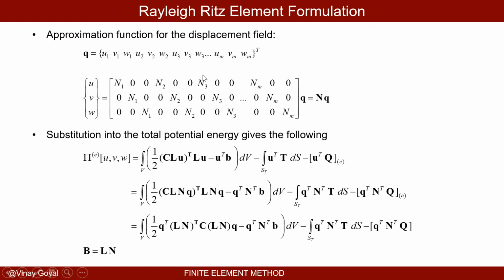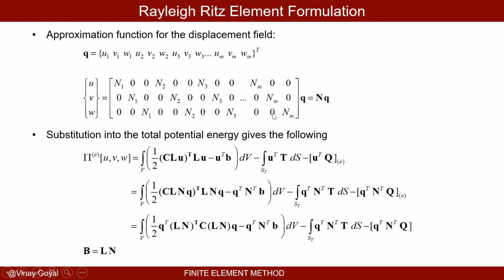That's why you have zeros there. You're just multiplying against U1, U2, and U3, and so forth. For V, I'm going to start in the second location because I want N1 to only multiply V1, N2 to multiply V2, N3 to multiply V3, and so forth. That's really what I want, and that's why you see that there.